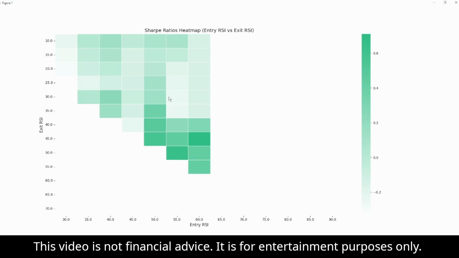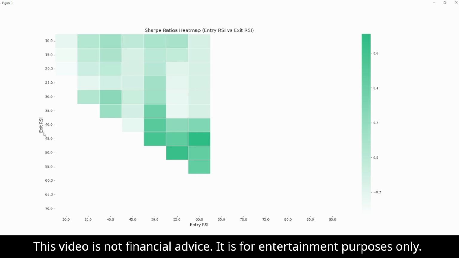So yesterday I searched for quite a long time for such a strategy that would work in daily or in 4-hourly, and I couldn't find one, to be honest, but we are approaching something that's not too bad. Here you can see a heat map where the x-axis shows the entry RSI values, the y-axis shows the exit RSI value, all with an SMA of length 50 and an RSI length of 14.